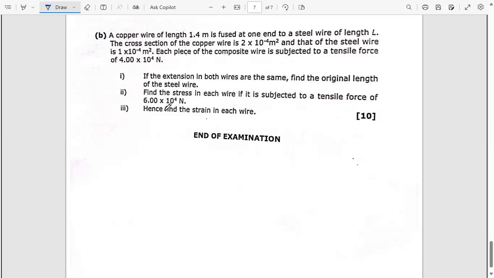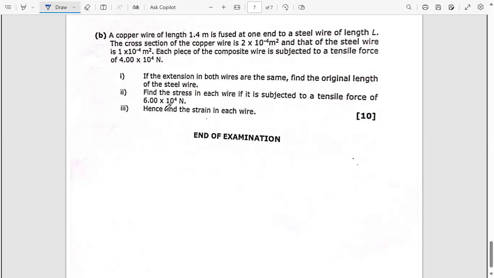Each piece of the composite wire is subjected to a tensile force of 4.00 times 10 to the power 4 newtons. Question 1. If the extension in both wires is the same, let's take note of that.